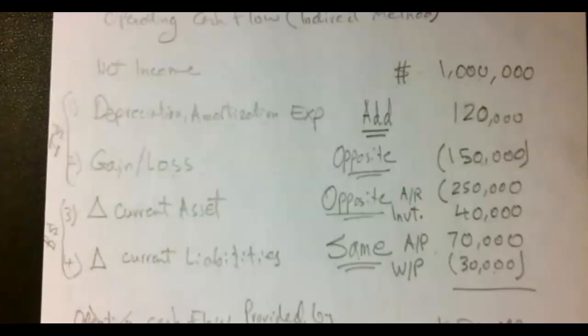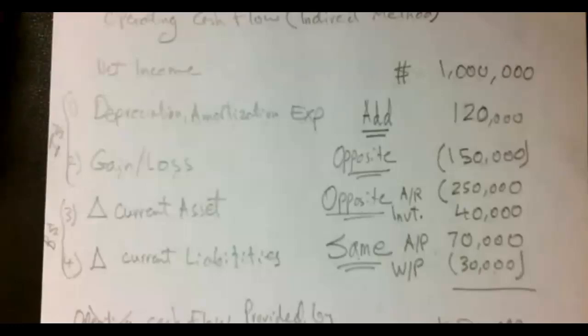Any change in current assets, you do the opposite. Let's say if your inventory has been decreased, then you add. If your accounts receivable has been increased, then you deduct.